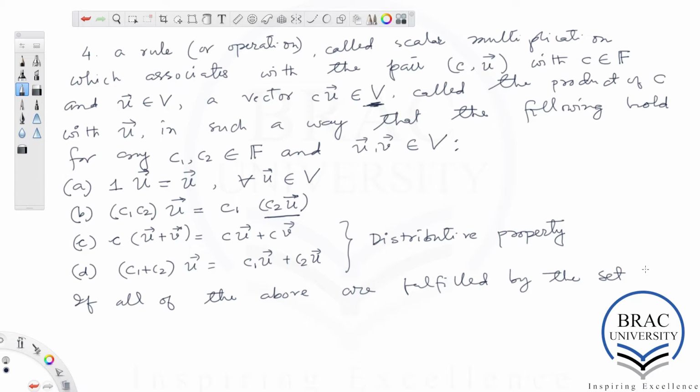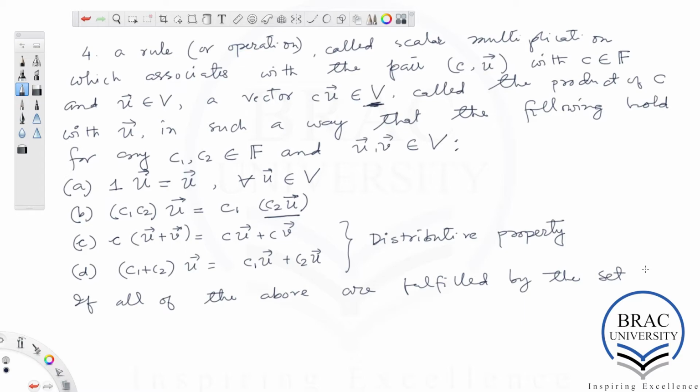Okay, and these two sets, the field and the set V, are equipped with two operations. One is vector addition and the other one is scalar multiplication. And the vector addition and scalar multiplication should satisfy certain properties which are listed under 0.3 and 0.4.